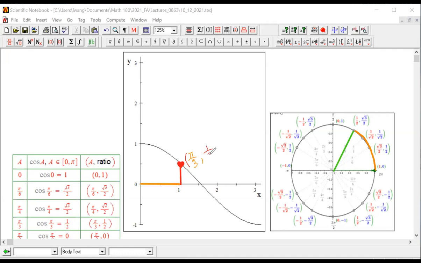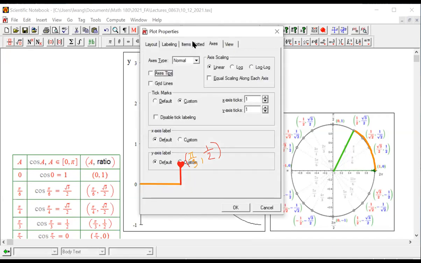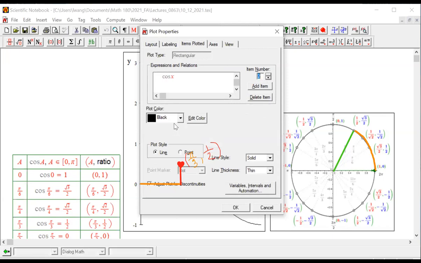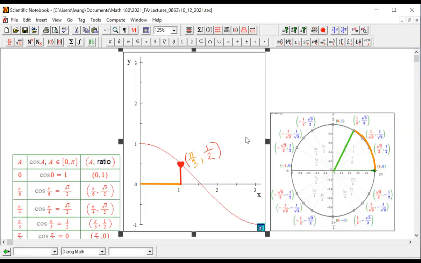Do you guys follow me? So this is the making of every point on the red curve. Let me make this red, sorry. Does everybody follow me?